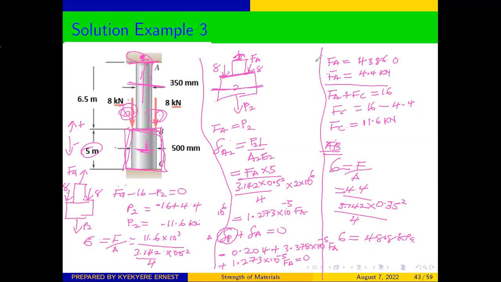And from there, we'll be able to determine the normal stress in member BC. So the normal stress in member BC is equal to negative 59.1 kilopascal.